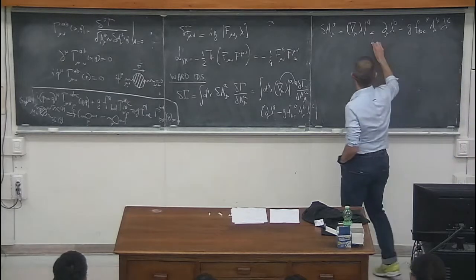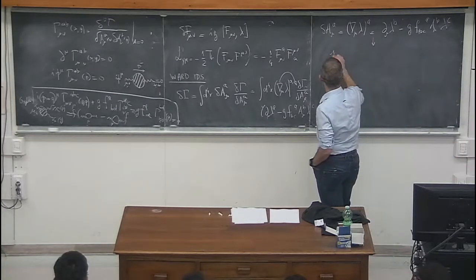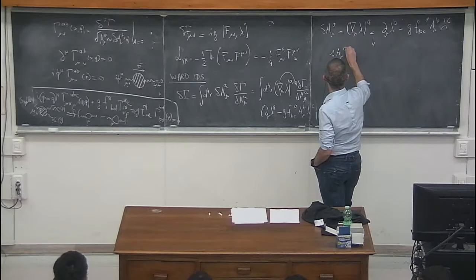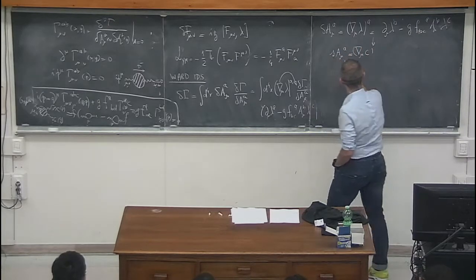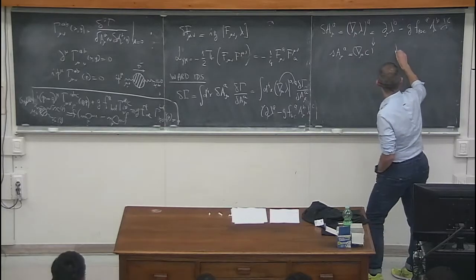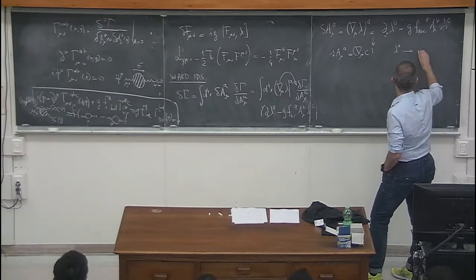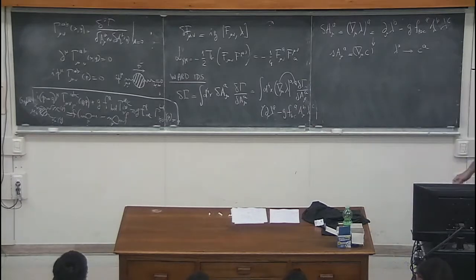So I fermionize this, and I write down delta of A mu A as a covariant derivative of C. So I just promote the gauge parameter to a ghost field. It becomes an anti-commuting quantity, which again has an index in the adjoint representation.